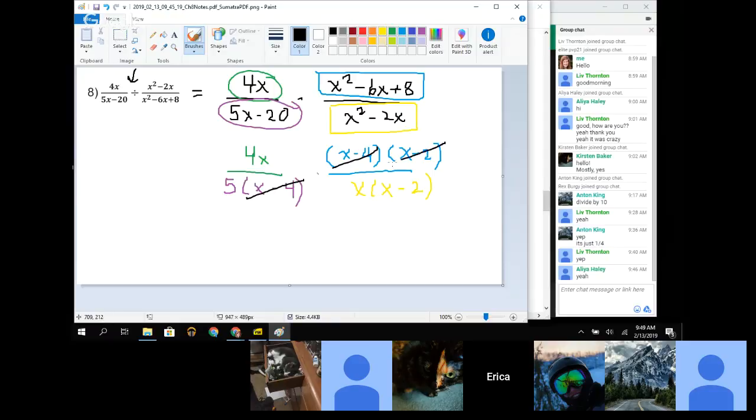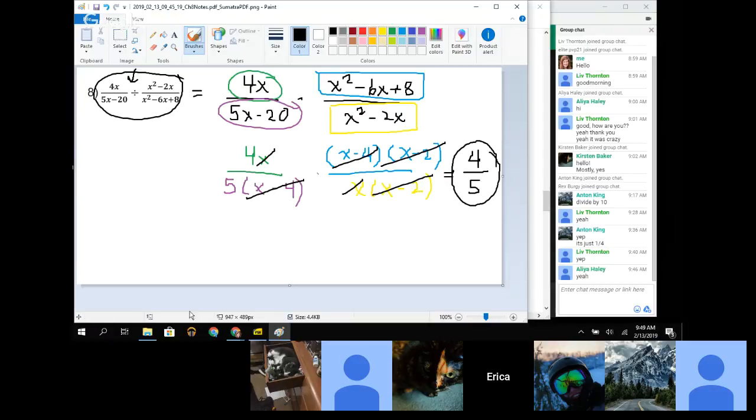And we have x minus 2 and x minus 2. And we have an x and an x. So if you simplify this whole thing, you actually are left with 4/5. So this big fancy expression always equals 4/5, which is kind of crazy, but sometimes it works like that.